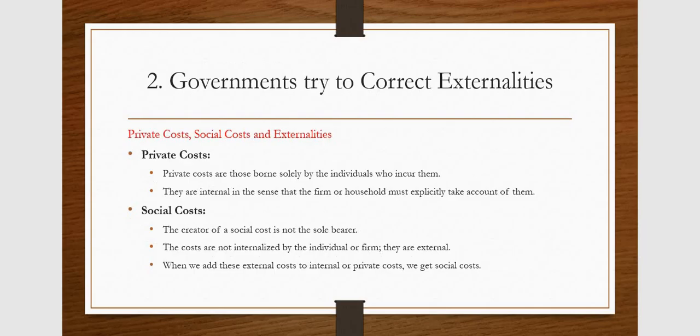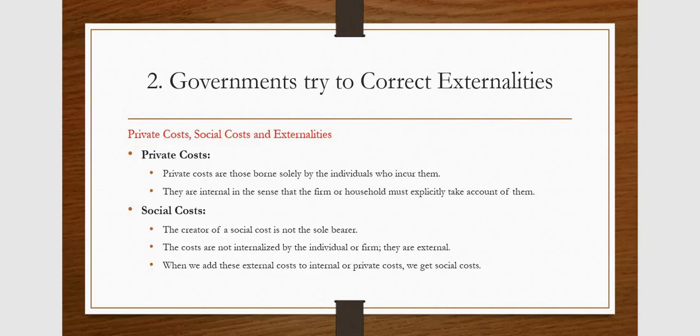And so now let's look at private cost, social cost, and externalities. Private cost, we are saying this one is only incurred by individuals, right? And so if the person is smoking cigarettes, private cost is the price or the cost of the cigarettes. That is it.